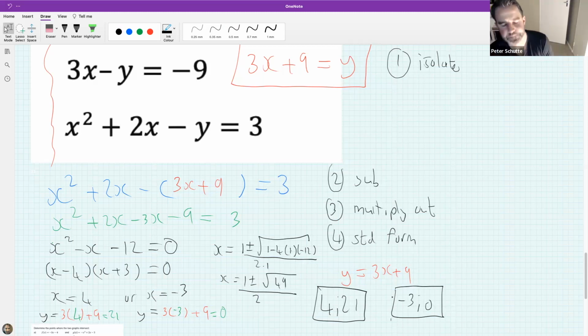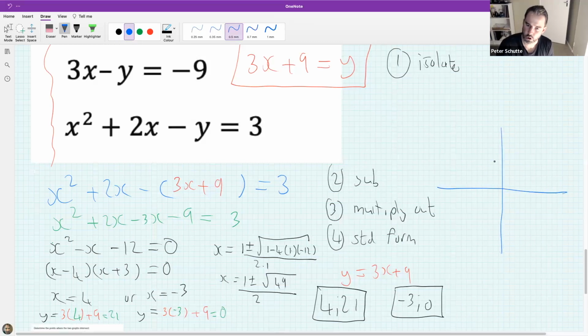Okay. So as I'm looking at the comments, I'm seeing that the answers 4, 21 and -3, 0 would be the answers most students would get. And just to go back to the very beginning, if we had a Cartesian plane, what that means is these two graphs would meet each other at -3, 0, which would be probably here, let's say. That would be where the two graphs met.